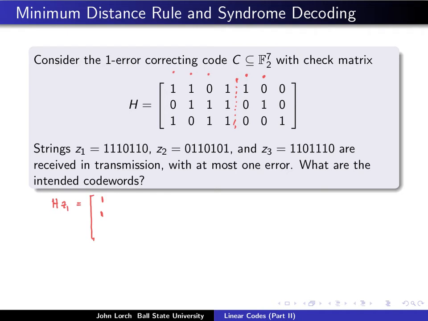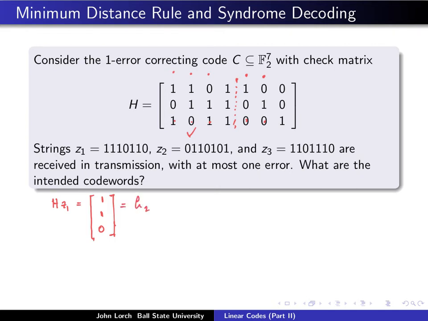And then finally, we get a 1 plus 0 plus a 1 plus 0 plus 0. So that is 0. Okay, now I'm going to look at this. Which column of H is that? Well, that's the second column. It's this one right there. So that's H2.